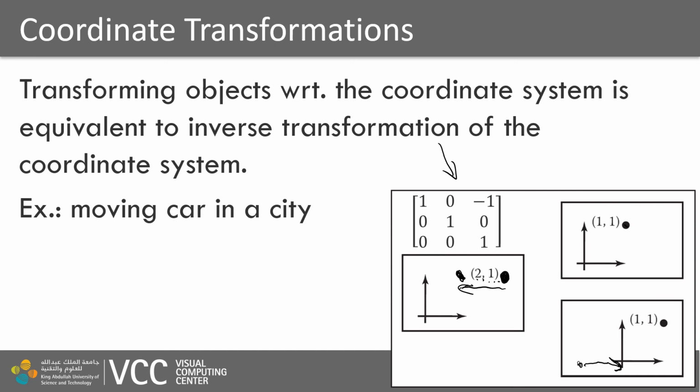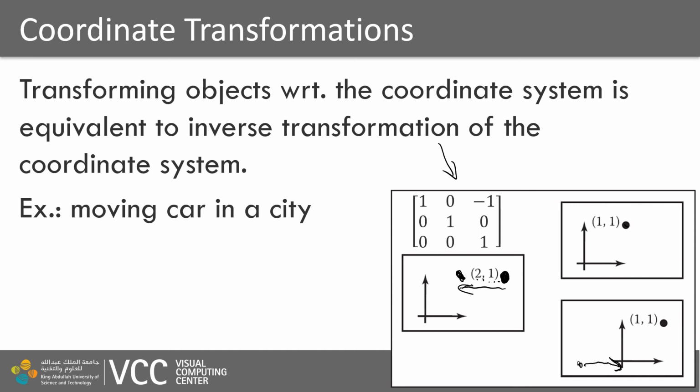Why are we mentioning this? Sometimes it is more practical to change the coordinate system, and sometimes it is more practical to change the point. For example, imagine that we have a car simulator and we have our first person view, meaning we see the cockpit, and in the cockpit we see all the elements which are basically not moving with respect to the position of the camera because they are static as we are sitting statically in the car.